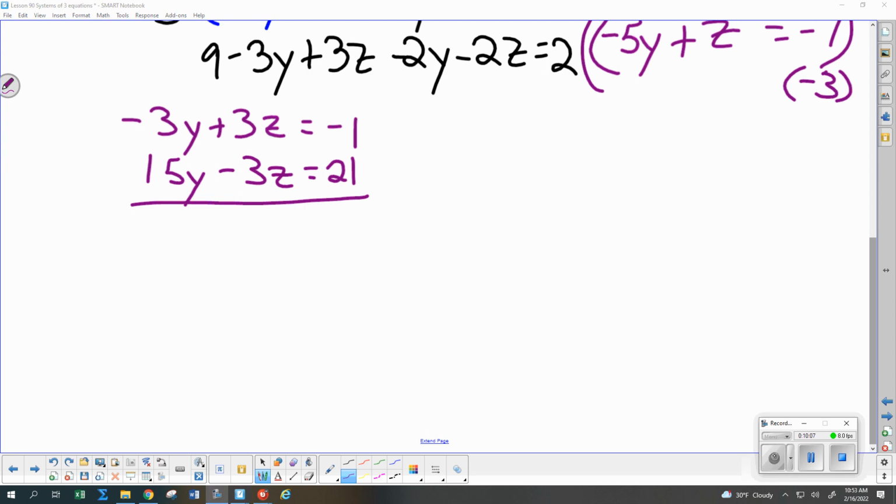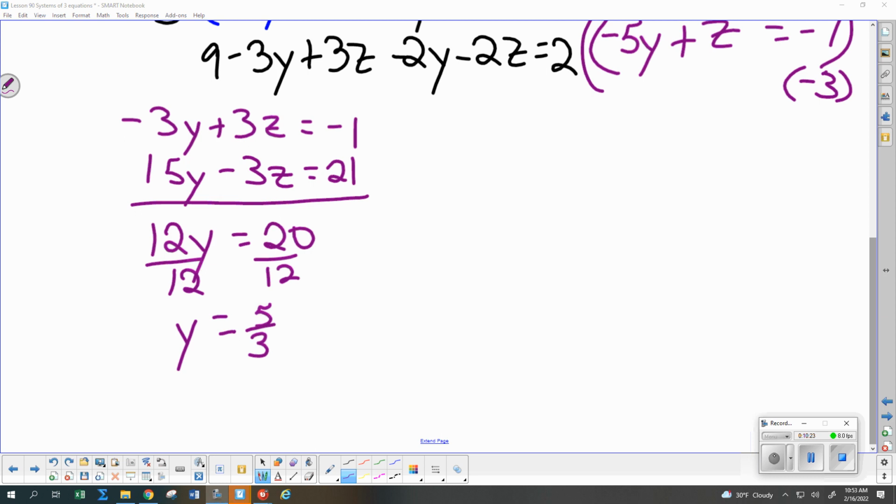Finish it from there. You guys just told me you got 5/3 for y, so let's see if I can agree with you. 12y is 20. Dividing by 12, divide top and bottom by 4. I am also getting 5/3 for y.